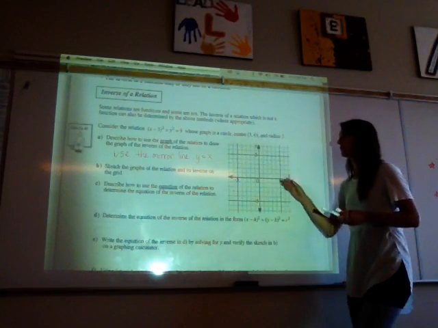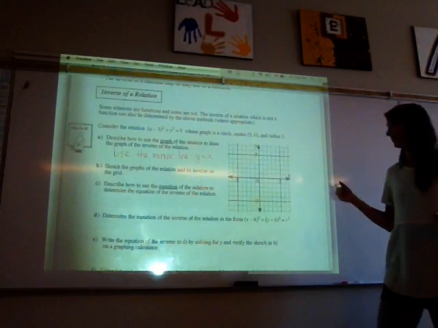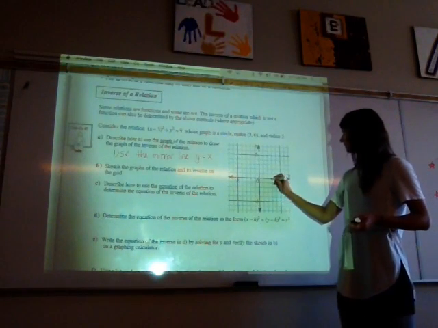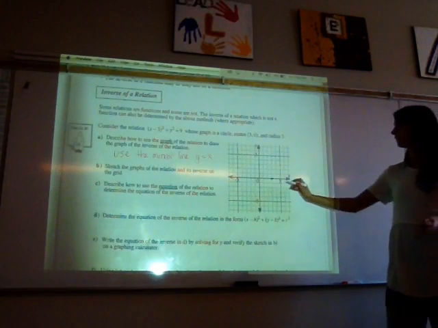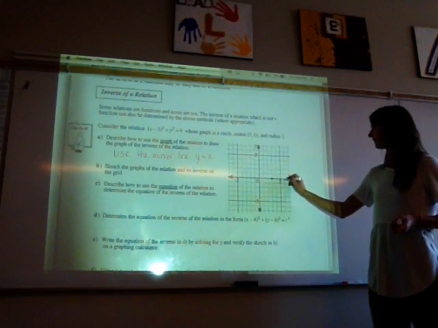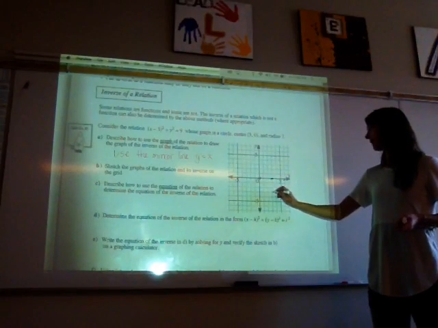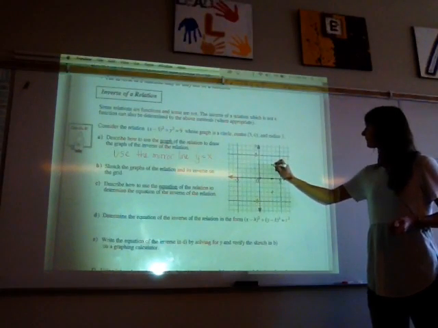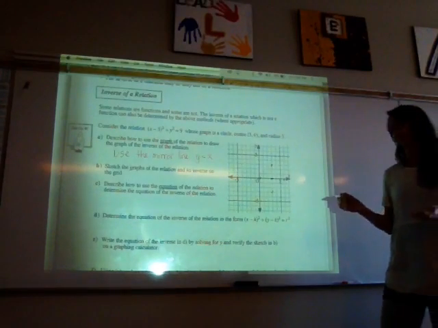Looking at a few hints, they tell us it's a circle. The center is at 3, 0, so let's start by plotting 3, 0. And they tell us that the radius is 3. So we're going to move over 3 spaces to the right from the center, 3 spaces to the left, 3 down, and 3 up. That gives us enough information to connect the dots and draw a circle.